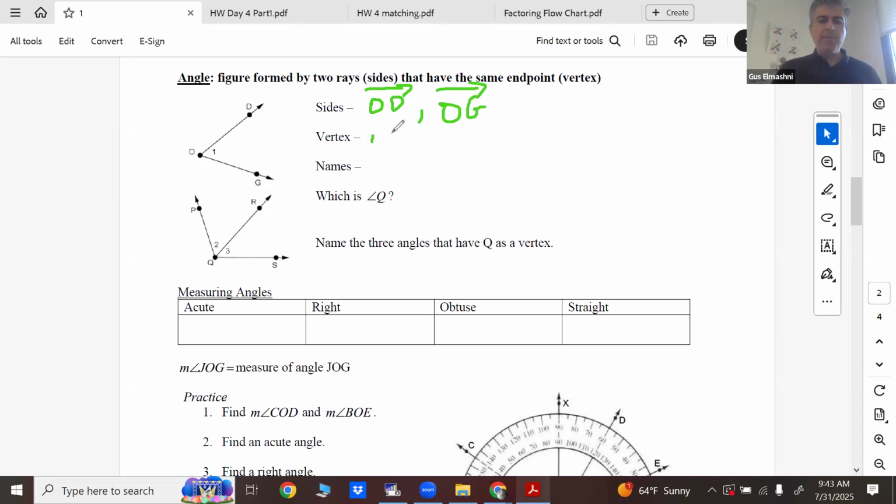Vertex is point O. And you call this angle DOG. Or you call it angle GOD.